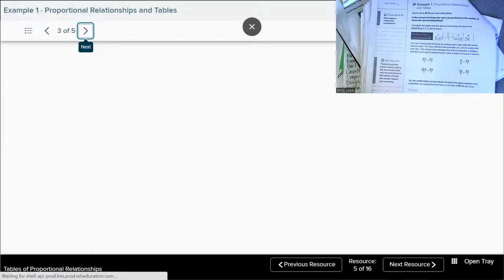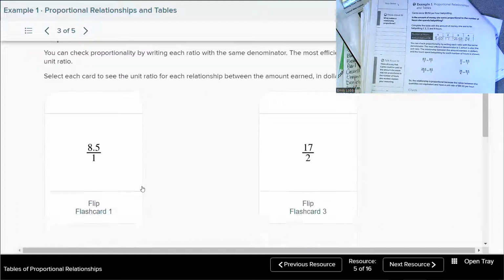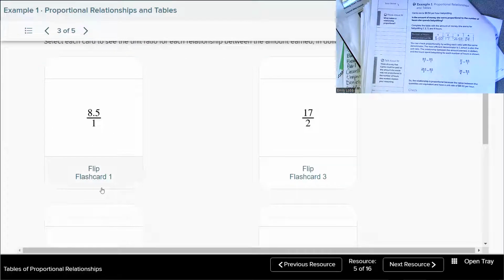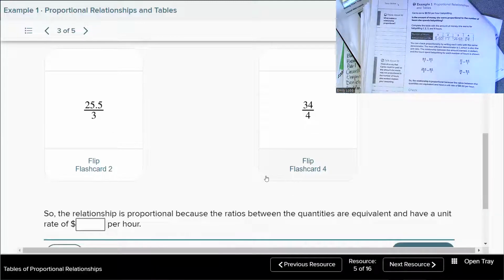we're going to find the unit ratios. They're showing this here. They say $8.50 divided by 1 is 8.5, right? If I'm simplifying that ratio. 17 divided by 2 is also 8.5. They're finding these unit rates. 25.5 divided by 3 is also 8.5.